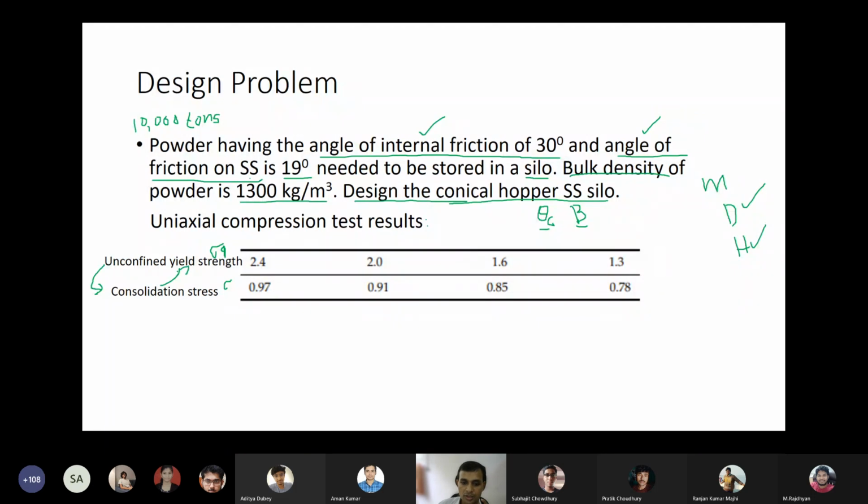This is the consolidation stress and this is the unconfined yield strength. By mistake I've written it wrongly. So this is sigma 1 and this is sigma C. The first row is consolidation stress and the bottom row is unconfined yield strength.